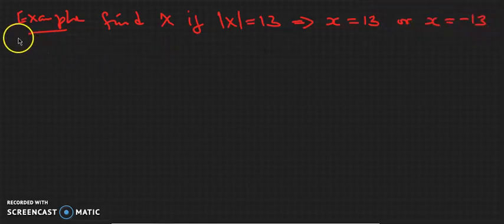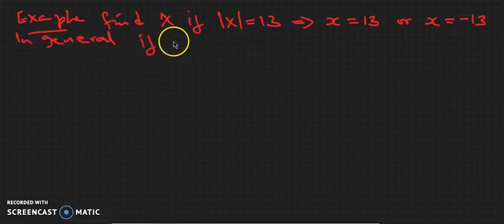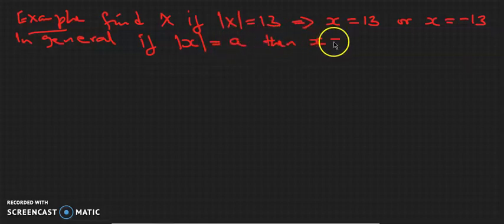So in general, if the absolute value of x is a positive number a, then x is a or x is negative a.